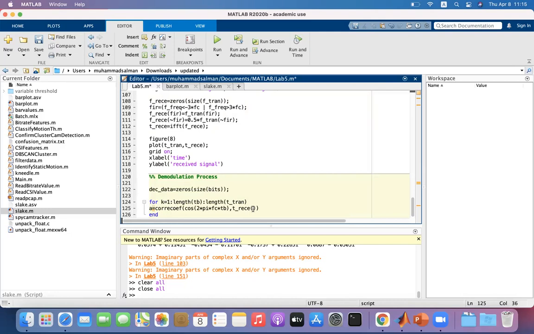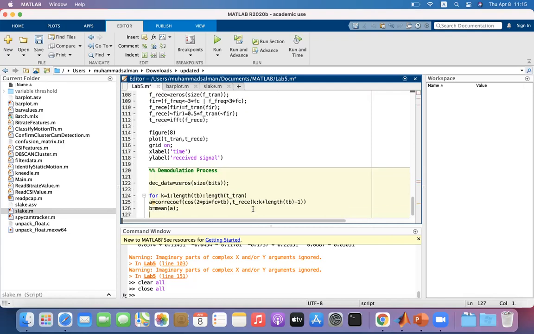So for T rays, I should say k colon and then length of k plus length of TB, right? It's exactly the same line that we used before: length of TB minus 1. And then I should declare a b variable, and it should take the mean of a, as I told you before why we need it.